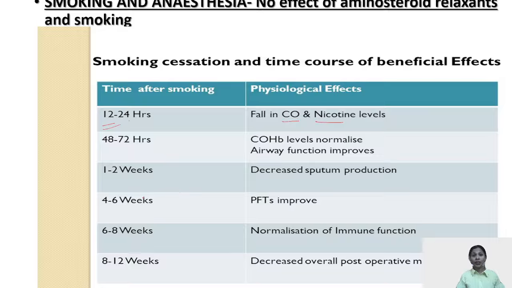But the best optimal time is 6 to 8 weeks. Okay, if asked what is the best optimal time to stop smoking, that is 6 to 8 weeks prior to surgery, because this time is needed for the normalization of the immune functions.